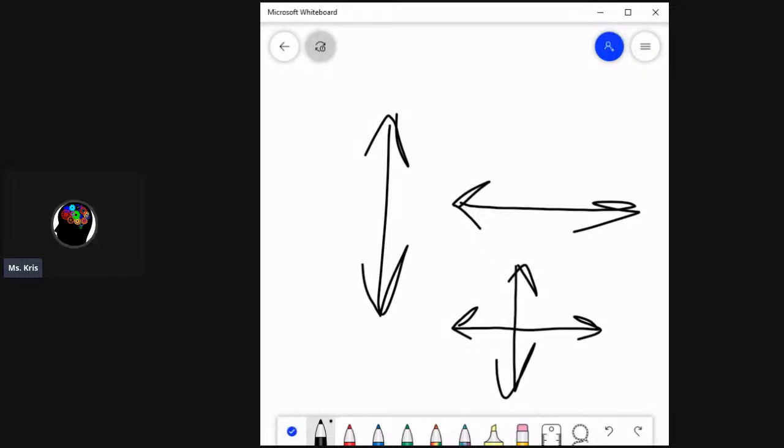So theorem 3.6.1 is: if two lines are perpendicular, then they meet to form right angles. So, what would that look like as a proof?